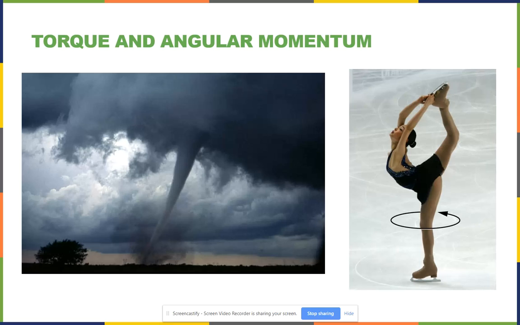That would be a very bad idea. It's not a unicycle. Okay.